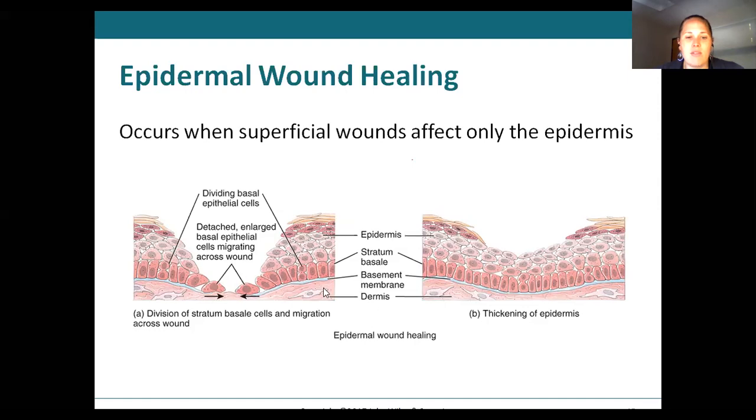You basically have that basement membrane, and the basal epithelial cells are going to migrate to the site of the wound, and the rapidly dividing cells actually replace that region of damage, and the other types of cells will slowly but surely from the bottom up start to die, and you'll replace those top layers of the thickening epidermis. So you have cells from neighboring regions migrate in. If you've ever had a paper cut, it'll heal itself from the sides in, because you'll have those rapidly dividing stem cells from the stratum basale replacing that region that was originally damaged.